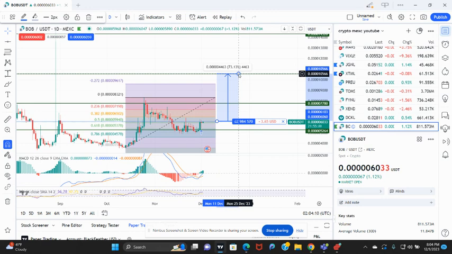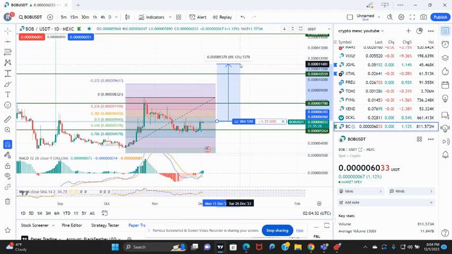Because that's the whole point: you're selling right when it could go down, because it's a resistance level. It's like a wall. It could return back down, so you might want to take profit at that point, because it could reverse.